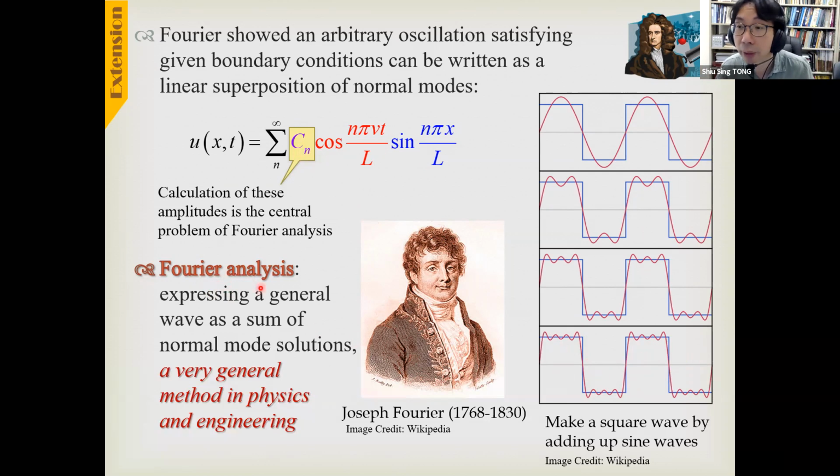And this is called Fourier analysis. Fourier analysis expresses a general wave pattern, whatever the vibration, not necessarily periodic, in terms of a sum of normal mode solutions. That is a very general method in physics and engineering. We always pick up a signal from something. For example, we pick up a signal from a distant star with different frequency light.